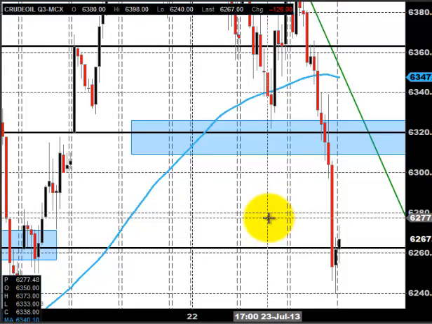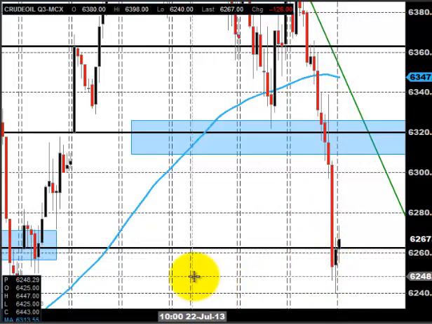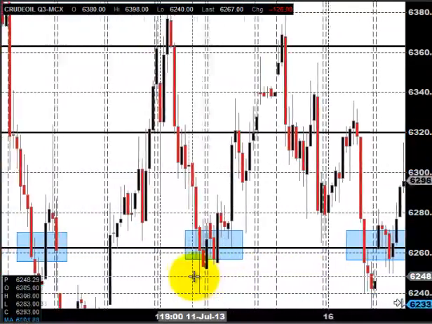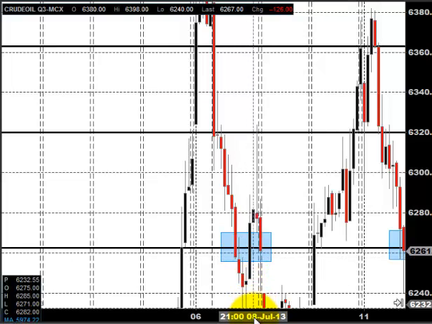Whenever you expect something, you should go back and see what had happened earlier in that particular zone. Yesterday the price came down and it tested this 6260. What is the importance of this zone? Now we will go back and see. Here, on 8th, as I told you, always see the date and time below.